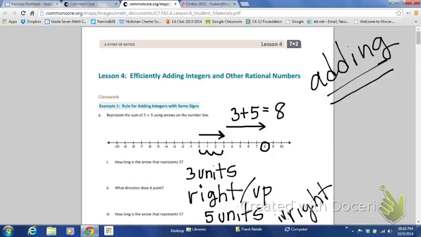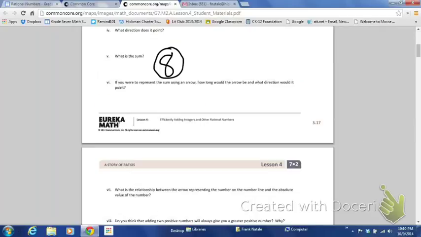If we represent the sum as an arrow, it would look like this, because that is the sum. This arrow also has a length, and that length is 8 units to the right.